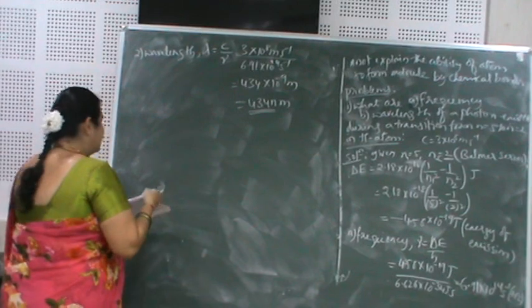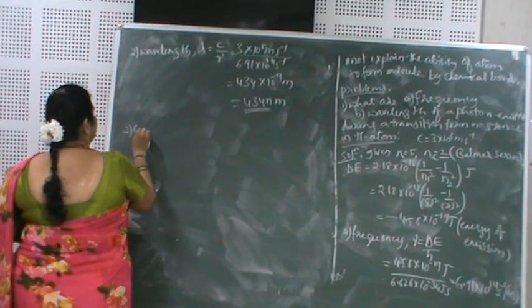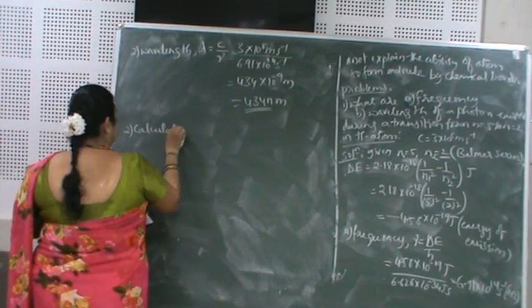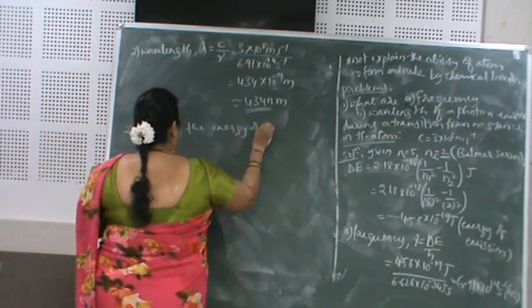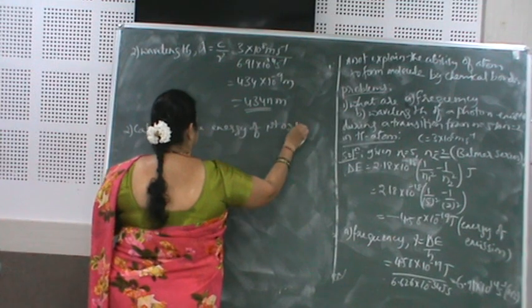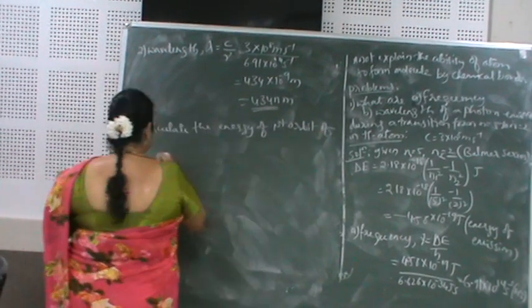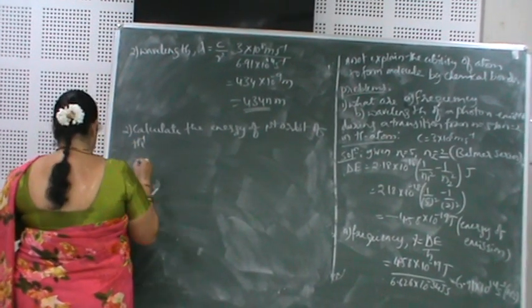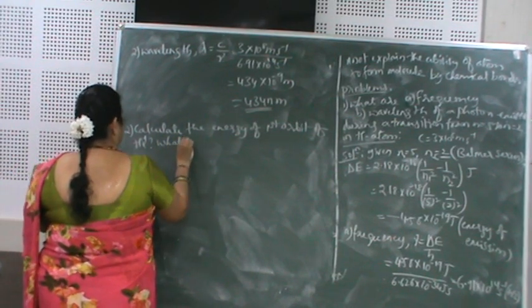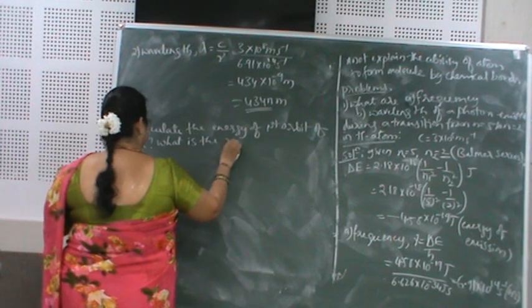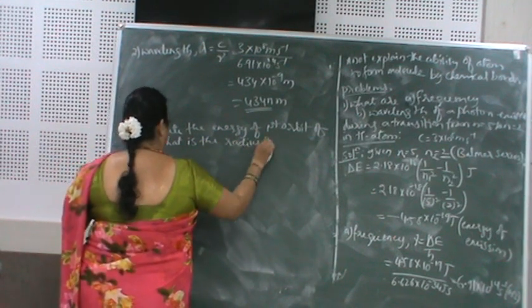Now moving to the second problem: calculate the energy of the first orbit of He plus, and what is the radius of this orbit?